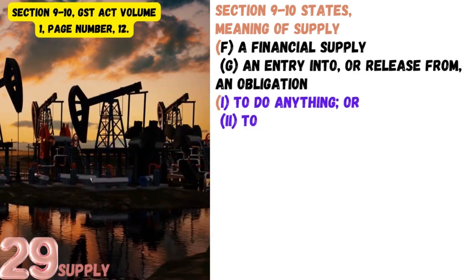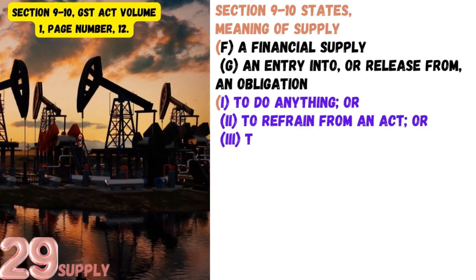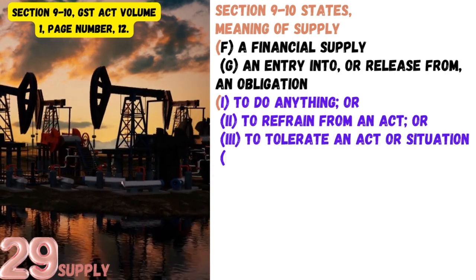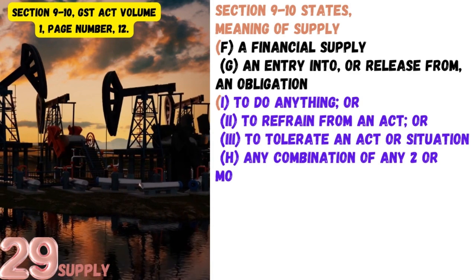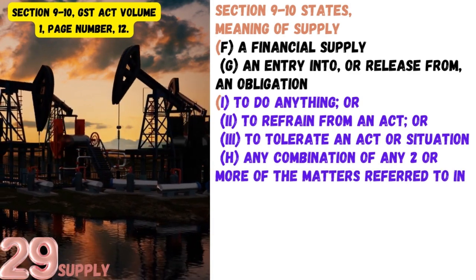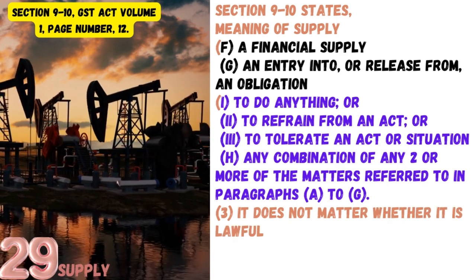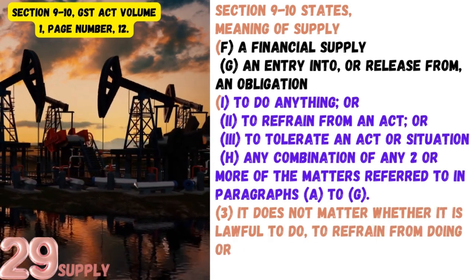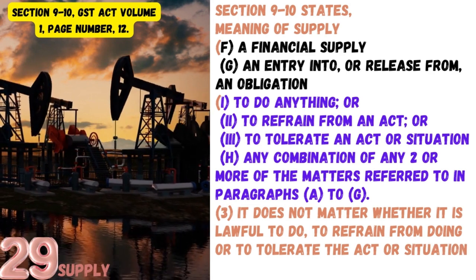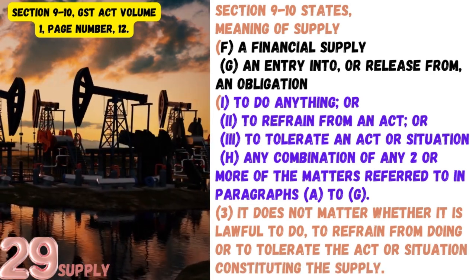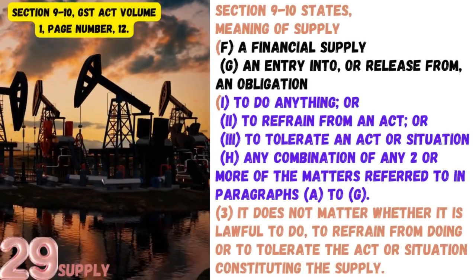To do anything, or 2. To refrain from an act, or 3. To tolerate an act or situation. h. Any combination of any two or more of the matters referred to in paragraphs a to g. 3. It does not matter whether it is lawful to do, to refrain from doing or to tolerate the act or situation constituting the supply.